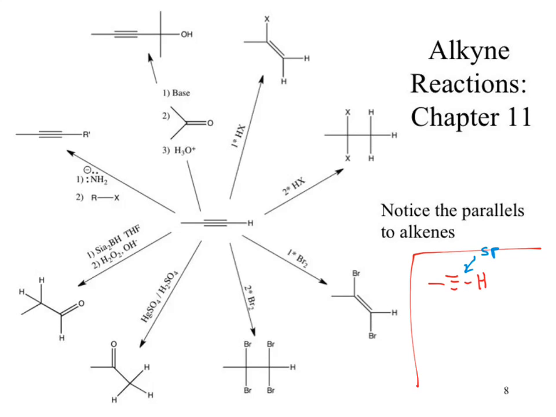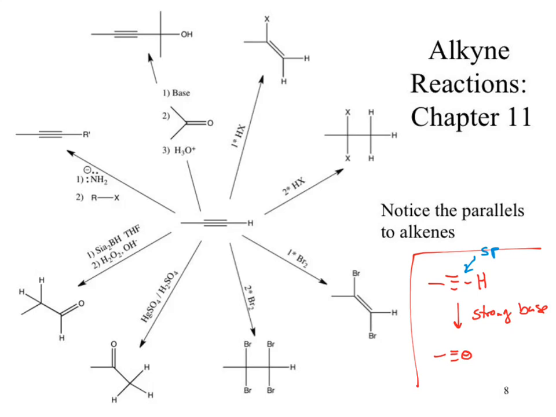Say bromine versus hydrogen. Yeah, electronegativity. When we shift to an sp hybridized carbon, its electronegativity effectively goes up high enough that that hydrogen now becomes acidic. And if we use a wicked strong base, what we can do is remove that hydrogen, and we end up with what's referred to as the acetylide ion.